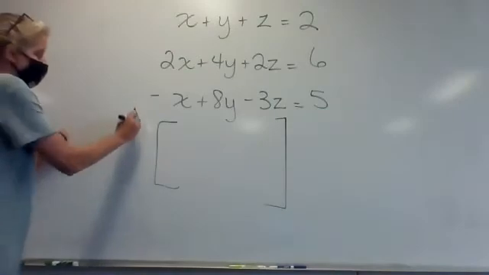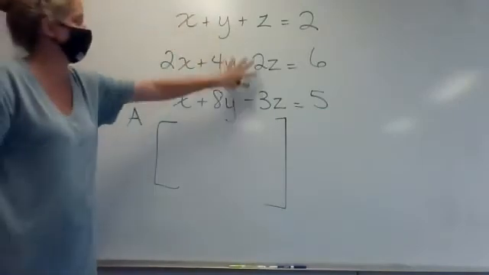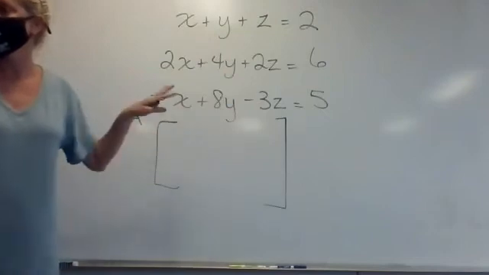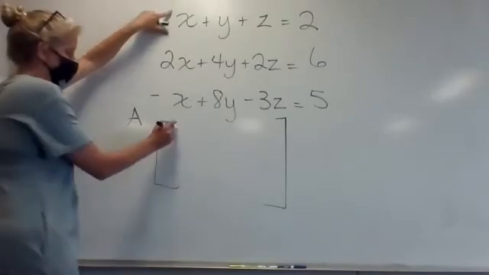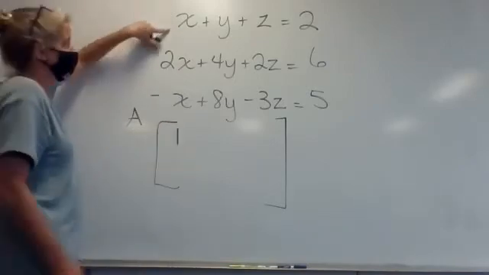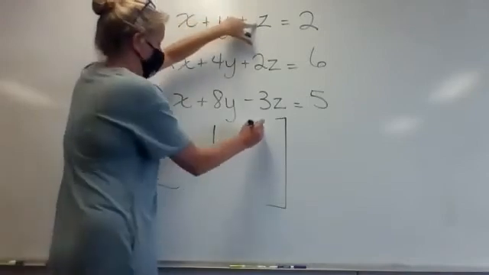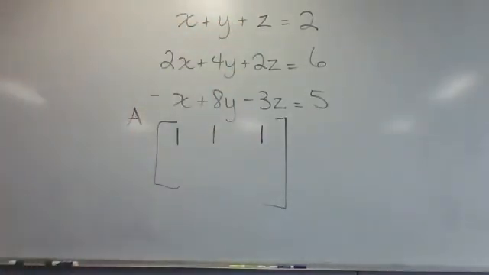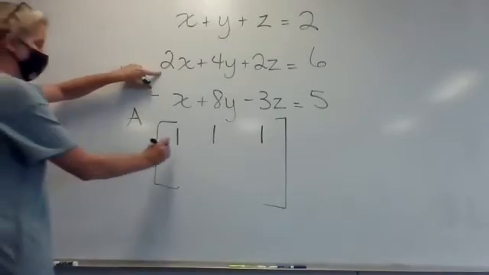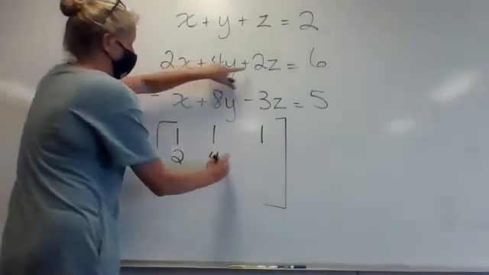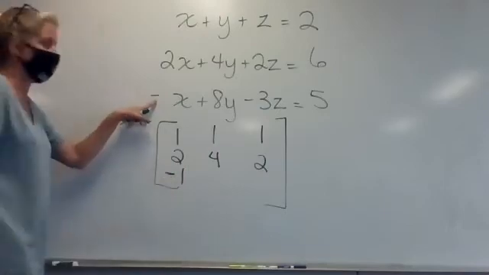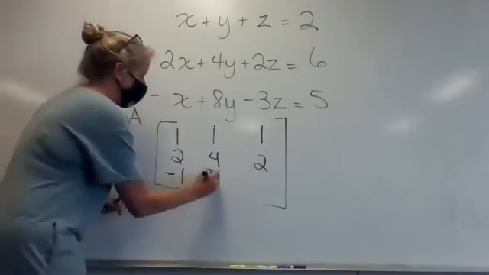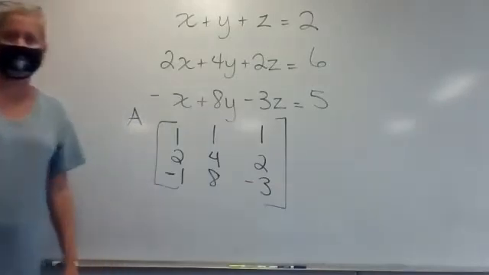So I'm going to make matrix A from this side of my equal sign. So the top row, if I don't see the coefficient, that just means it's automatically a 1. So it's going to be 1, 1, 1. Your second row will be 2, 4, 2. Your third row, careful with your signs, negative 1, 8, negative 3.